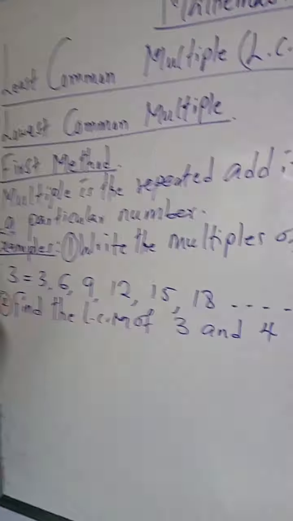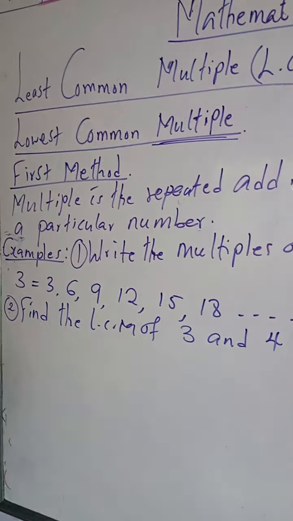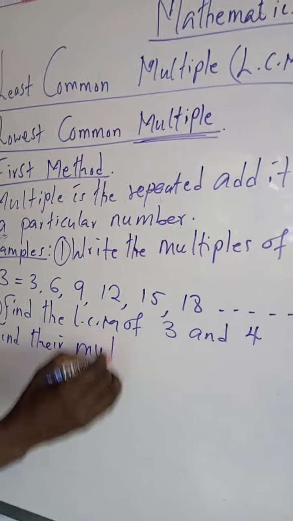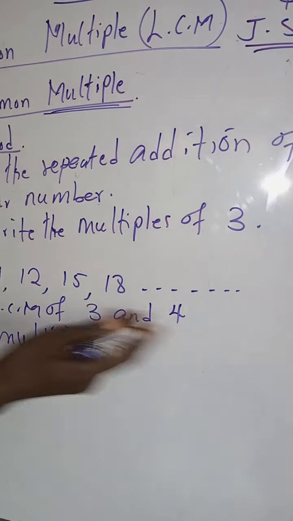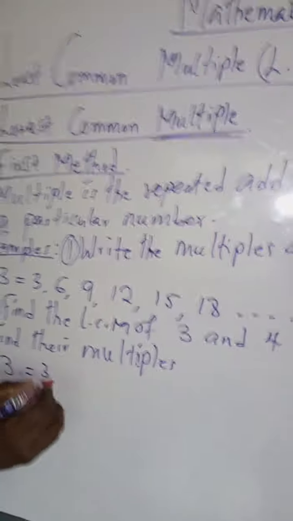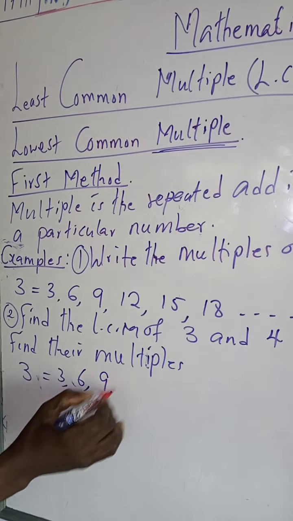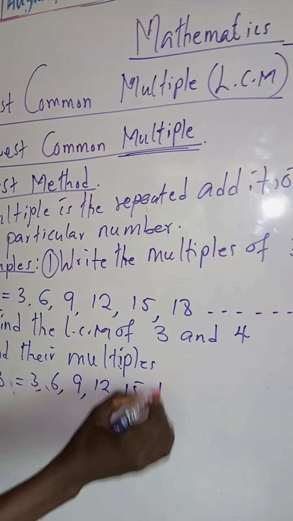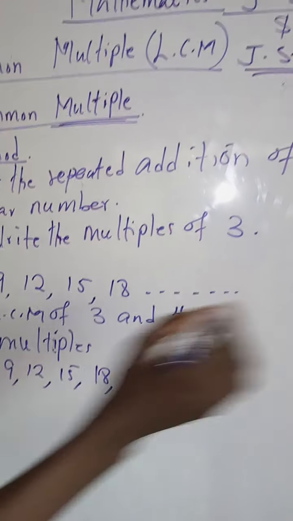Now let's move to the LCM of 3 and 4. Using the method, the first thing you will look for is the multiples of the two numbers they ask us to look for the LCM of. So multiples of 3, we have 3, 6, 9, 12, 15, 18, 21, and like that.